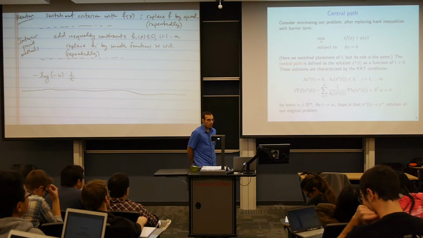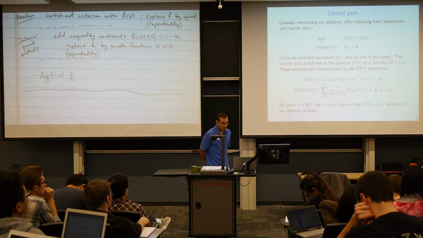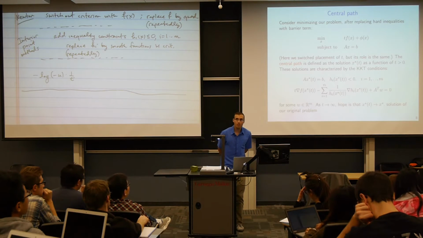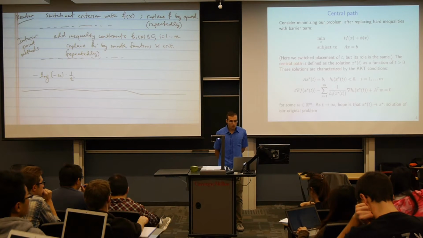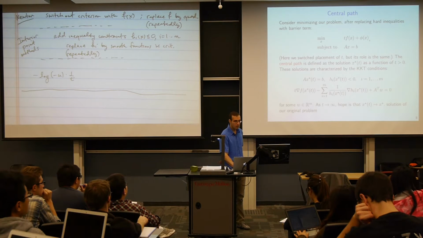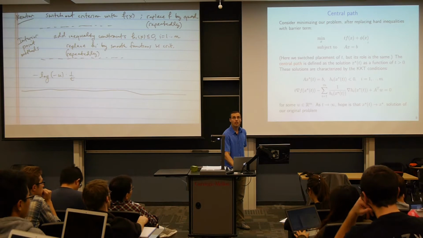So let's talk about what we call the central path. We're going to get a conceptual understanding of what the log barrier function does for us, and then we'll get into algorithms right after that. The problem to consider is what happens when I replace the hard inequality constraints with my smooth log barrier term. Initially I had this multiplied by 1 over t.